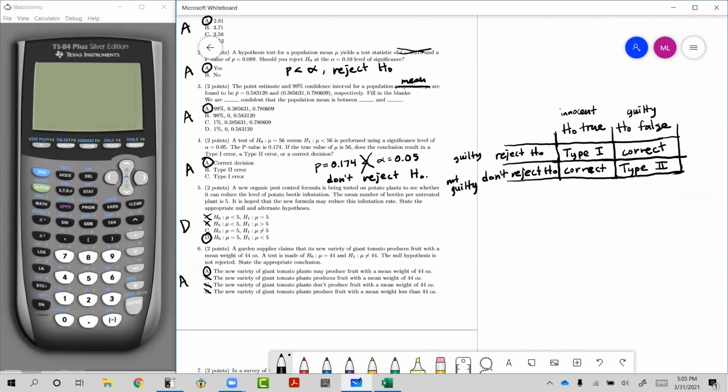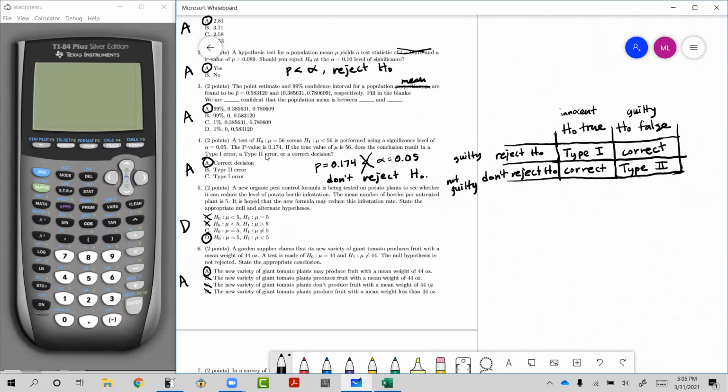That narrows it down to these two things. We could have only had either a correct decision or a type 1 error. The person was actually innocent, in a sense. So those are the two possibilities.